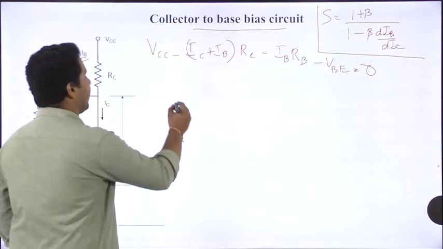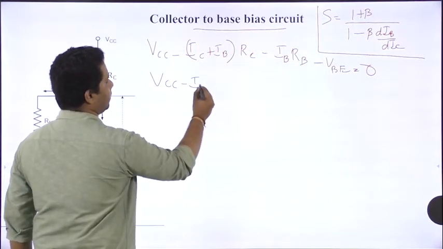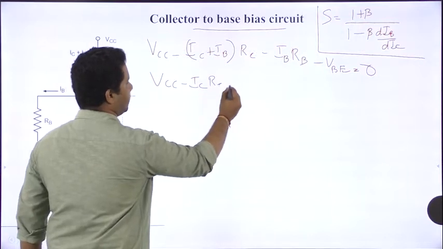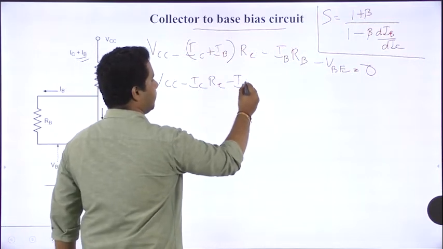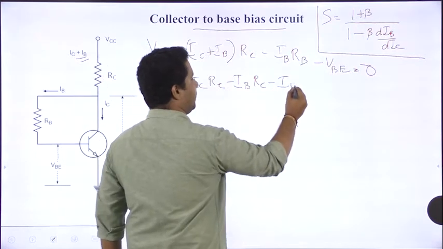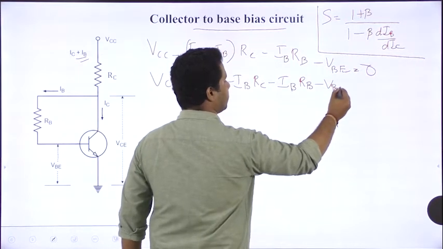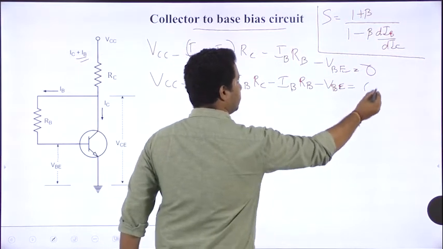Okay, so we will open the bracket. VCC minus IC RC minus IB RC minus IB RB minus VBE is equal to 0.